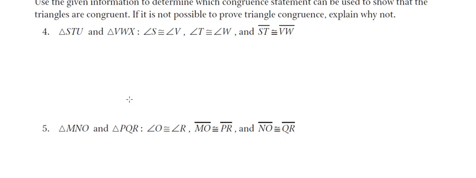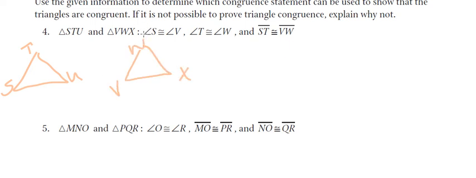All right, looking at the next one, so we have STU and VWX. It tells us that S is the same as V, that T is the same as W, and that ST is the same as VW.